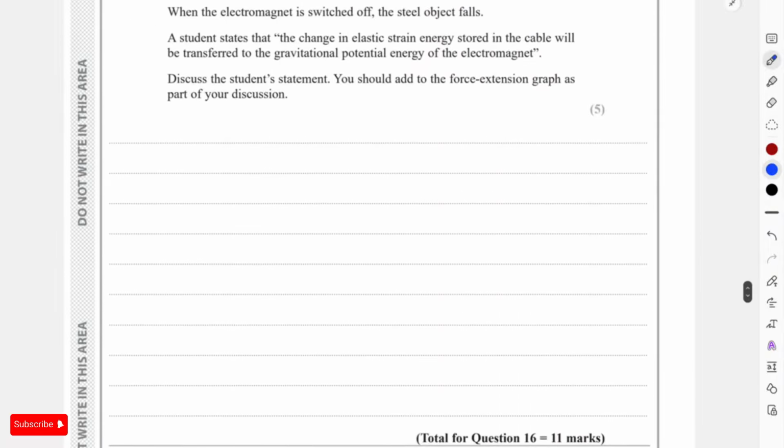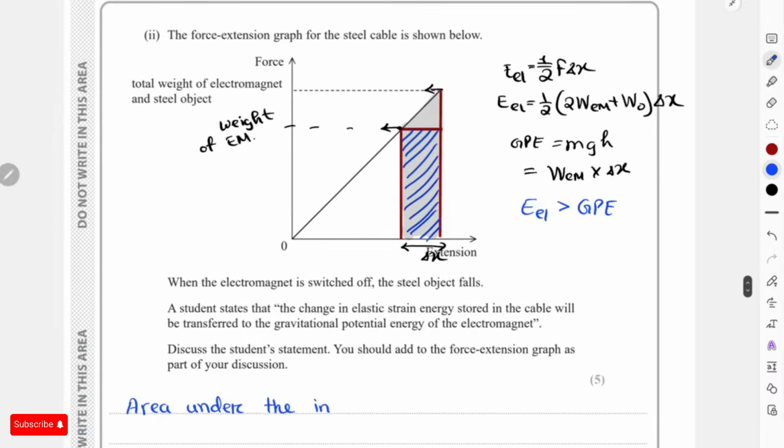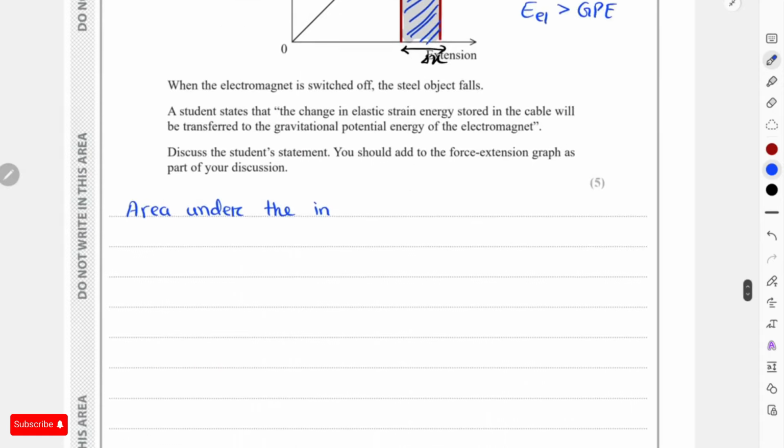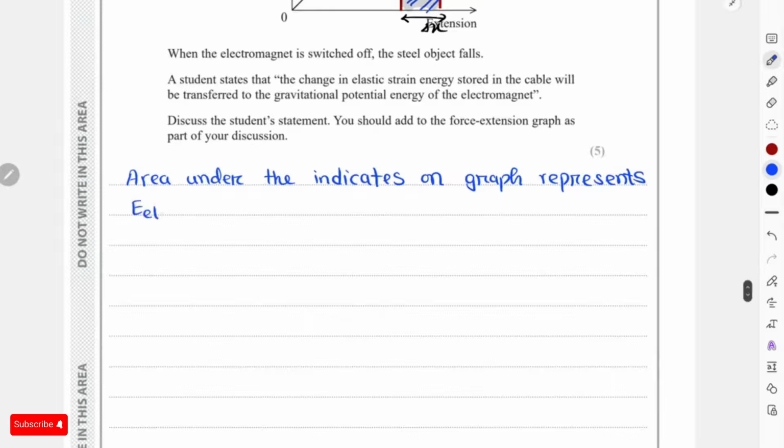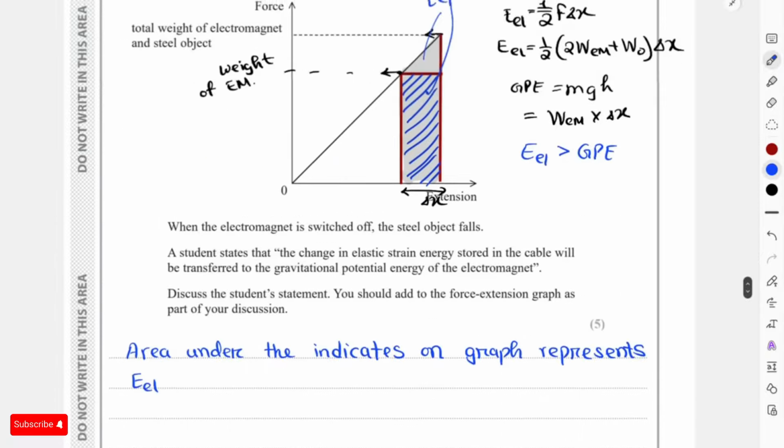So we'll start with that area under the indicated parts on the graph. We'll just write it like this. This one and this one, okay? They represent elastic strain energy. So we'll write that area under the indicated parts represents elastic strain energy, and which can be calculated using the equation that I've stated.